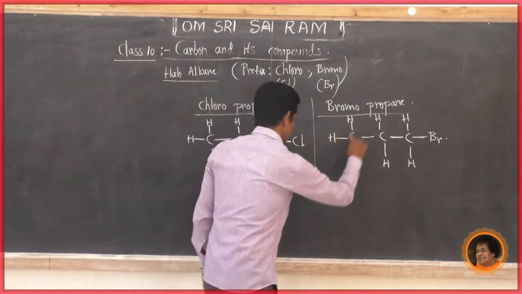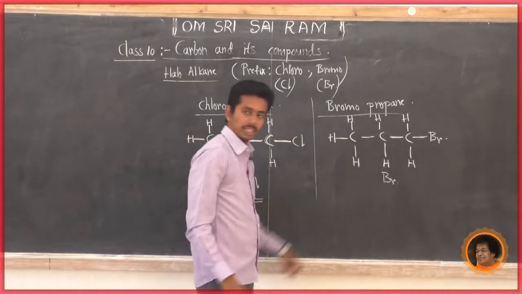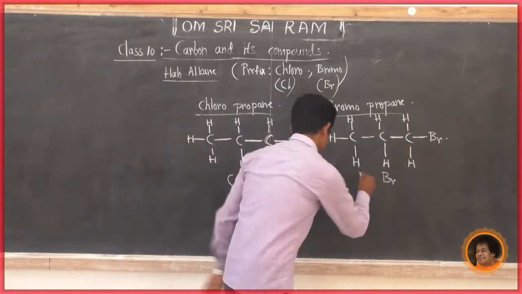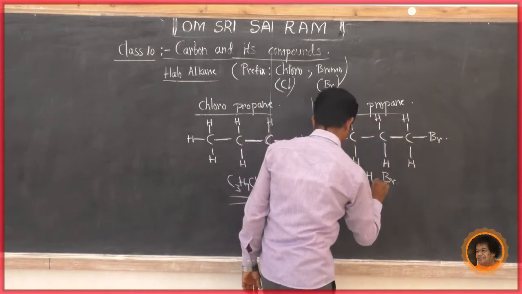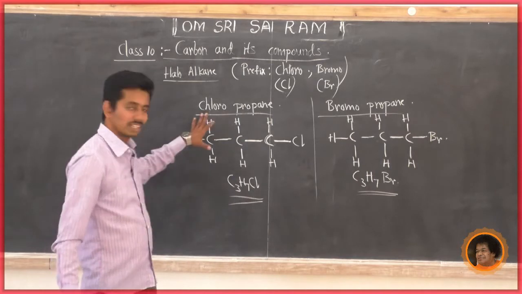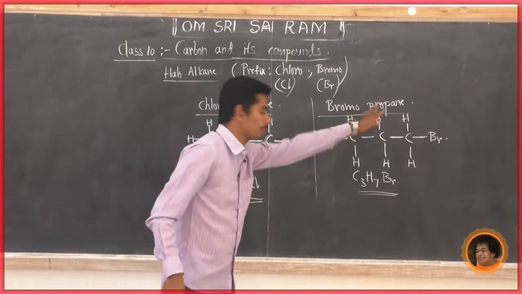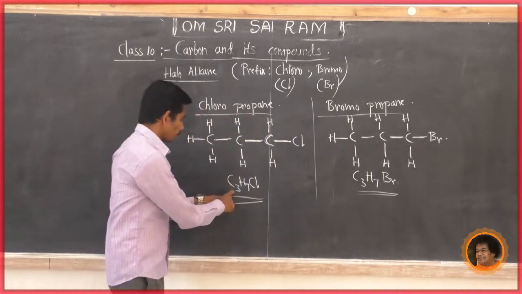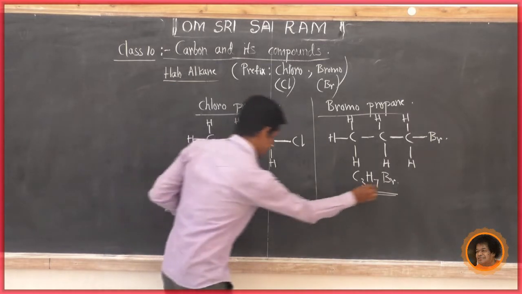Now write the molecular formula. First write the functional group, that is Br. Then how many carbons? 1, 2, 3, that is C3. How many hydrogens? 1, 2, 3, 4, 5, 6, 7. So C3H7Br. Just look at the difference between chloropropane and bromopropane. Chloropropane is C3H7Cl, bromopropane is C3H7Br.